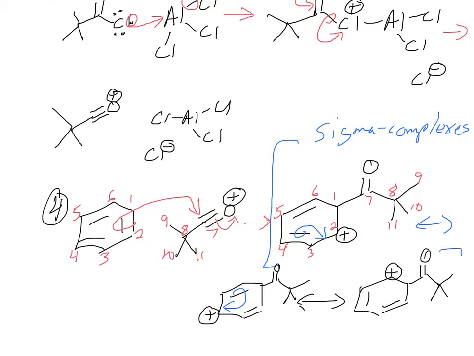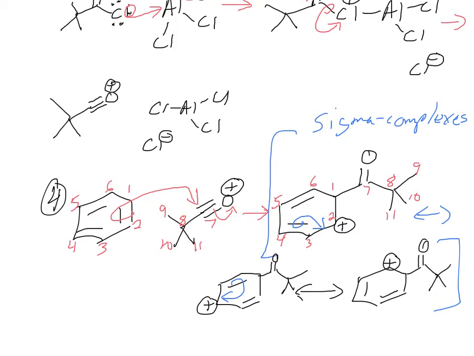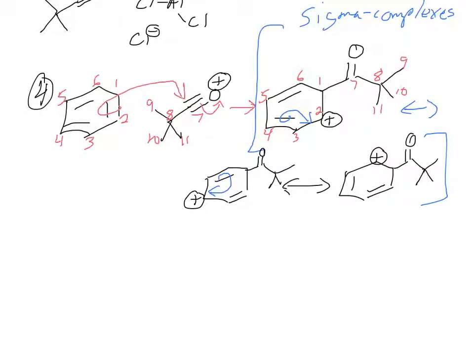It looks like there are now 3 sigma complexes. 3 you asked for. Okay? So that gets us the sigma complexes. But then we also need the final product, right? So I'm just going to redraw one of the sigma complexes. I'll redraw the first one.